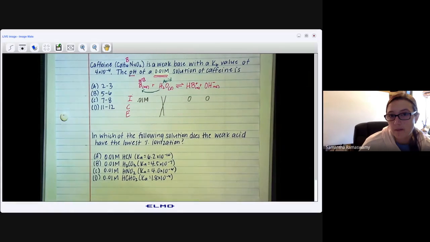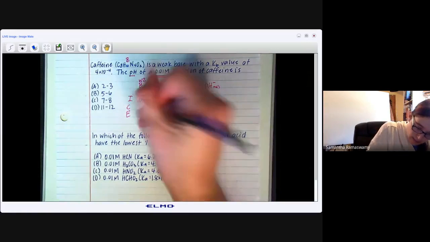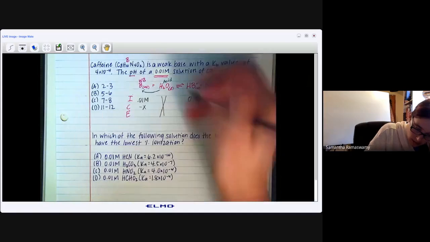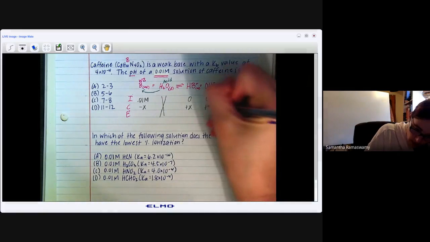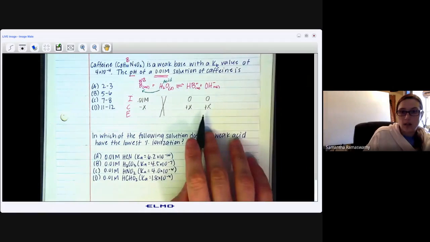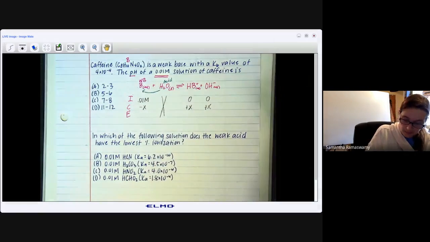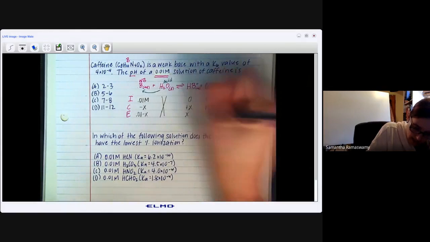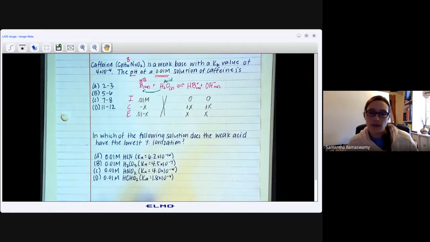It's not giving us pH or any equilibrium amounts. So we're going to use X's. The base is decreasing by X, and the conjugate acid and OH- are increasing by X. They're all changing by the same amount because it's a 1-to-1-to-1 ratio. So 0.01 minus X, X, and X.